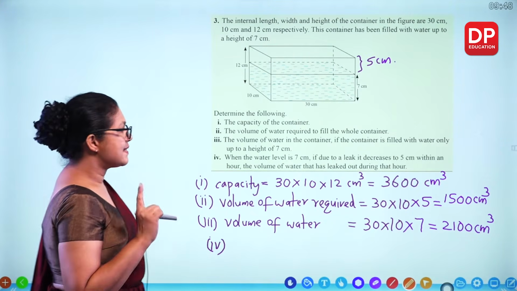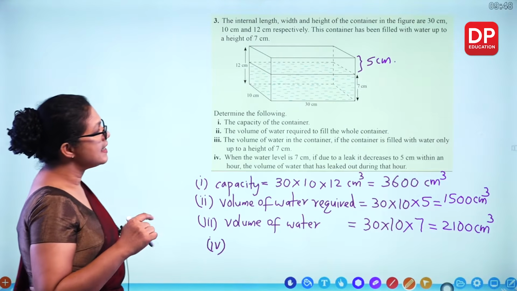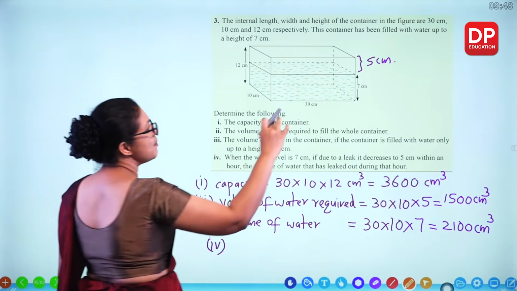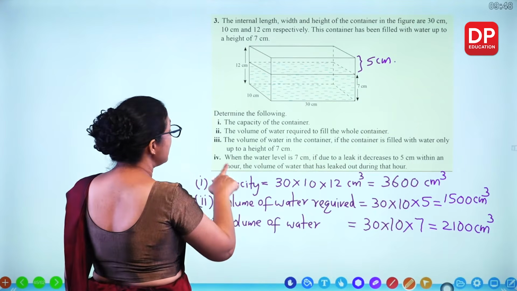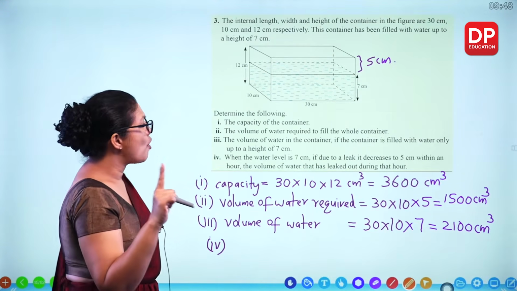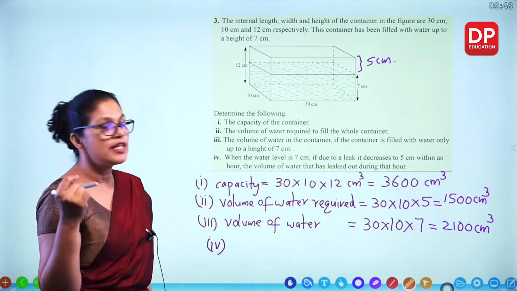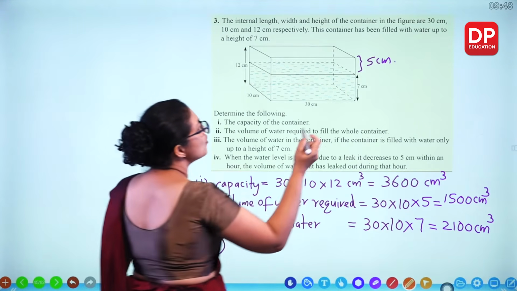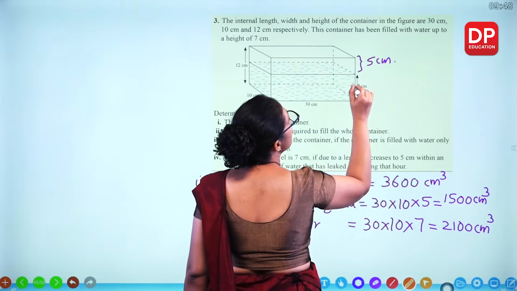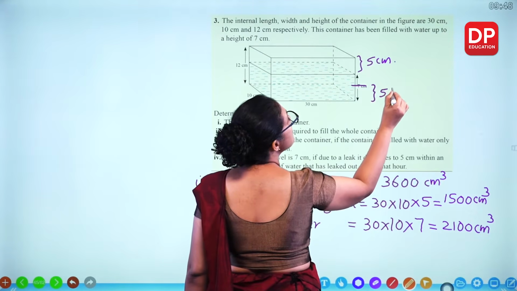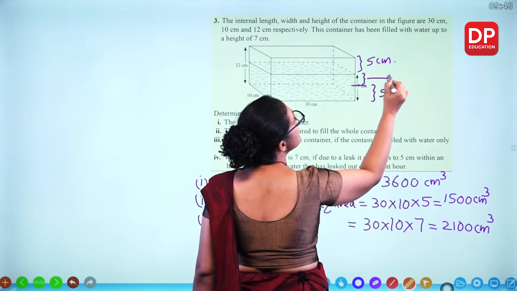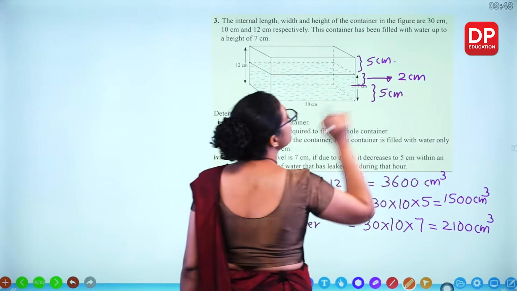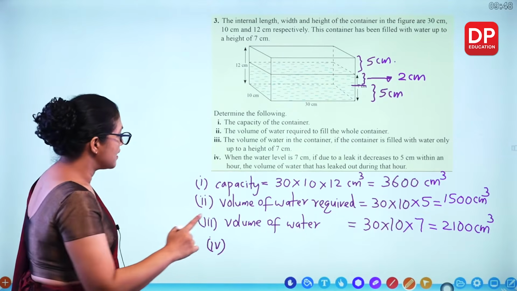When the water level is 7, due to a leak, it decreases to 5 centimeters, and within 1 hour, the volume of water that has leaked out during that hour. So 5 centimeter now. So what's the amount leaked? 2 centimeter length. So what's the water?